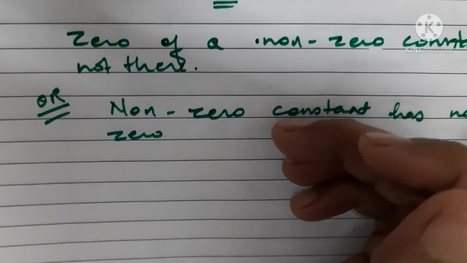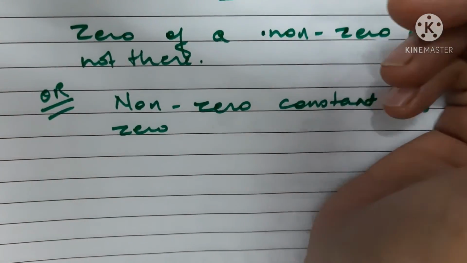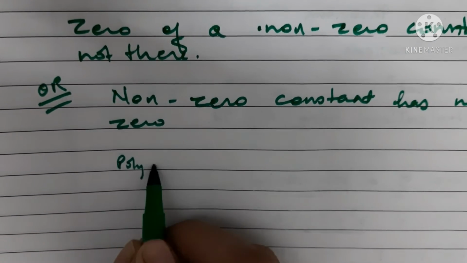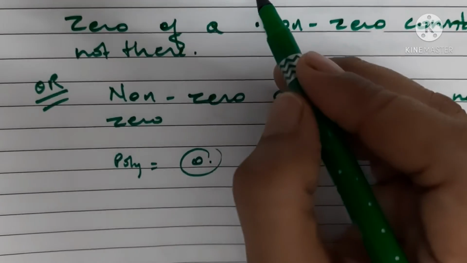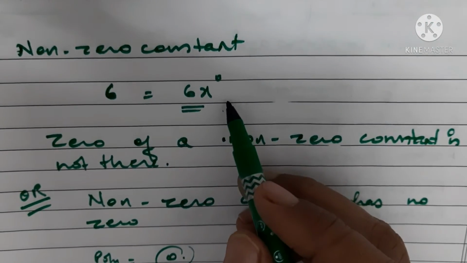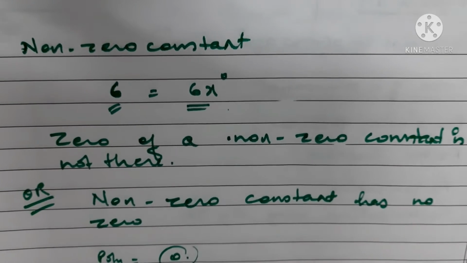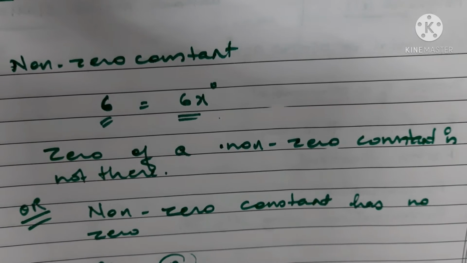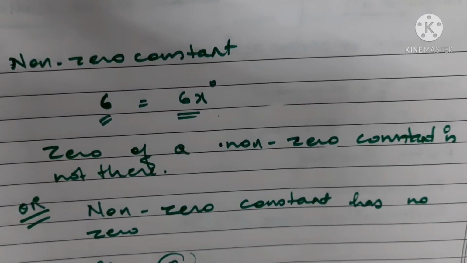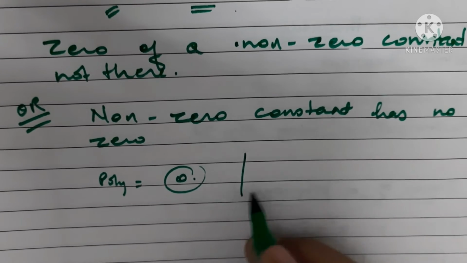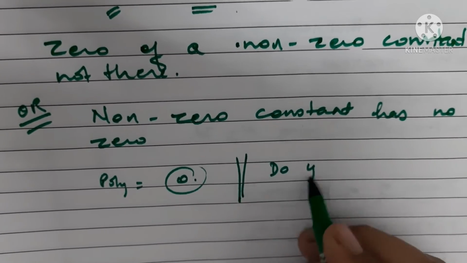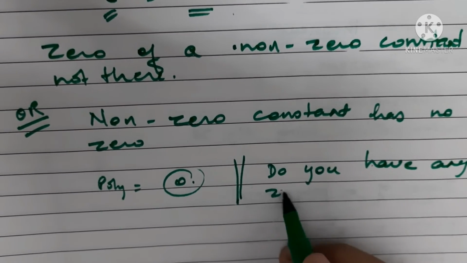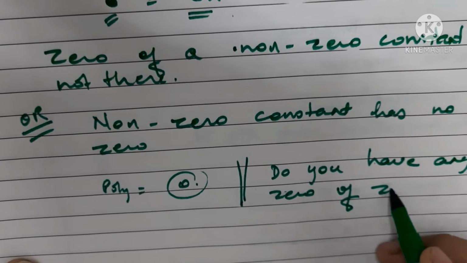One more thing is, are there any zeros of the 0 polynomial? Say you are having a polynomial only 0. When we were talking about a non-zero constant, here we are talking about a 0 polynomial. So do you think that for the 0 polynomial, there is any 0? The question is, do you have any zeros of the 0 polynomial?